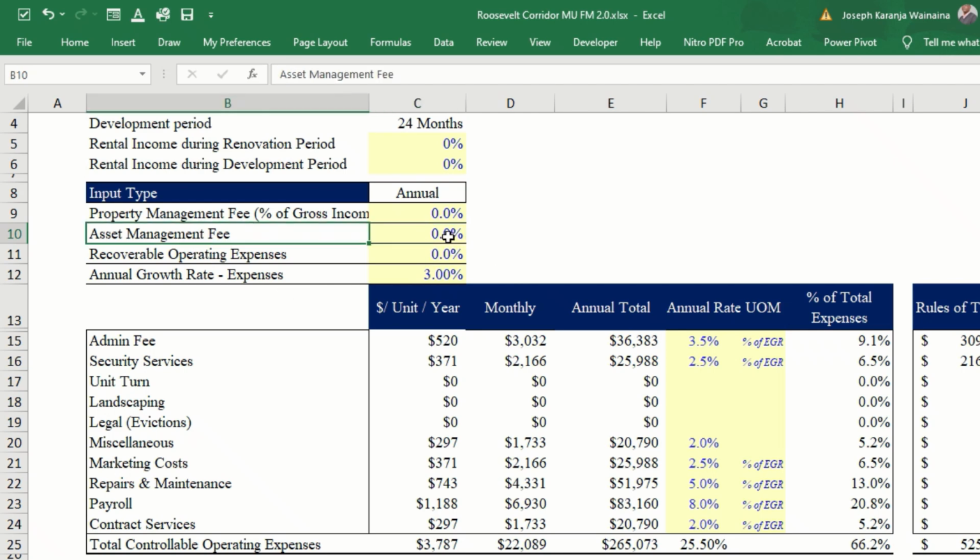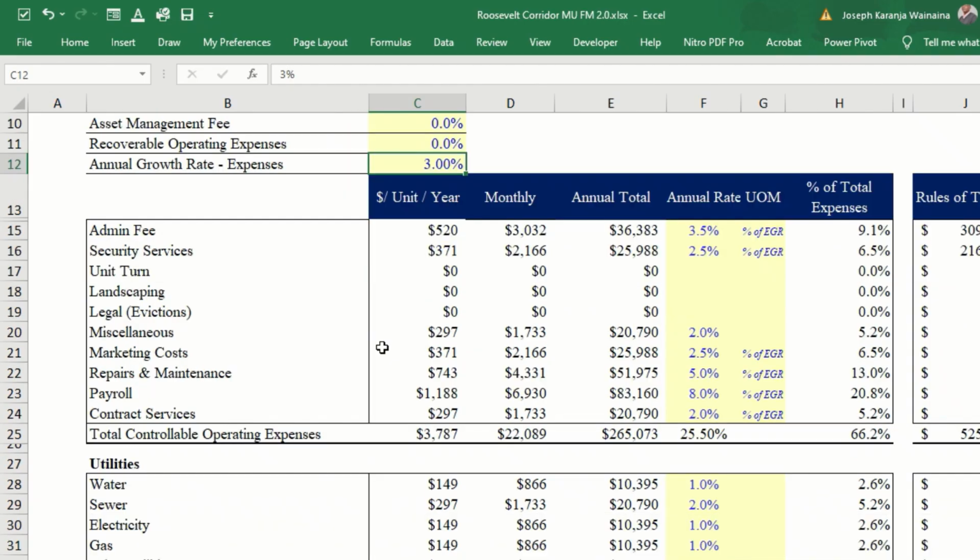The asset management fee is what will be paid to the sponsor during the investment management period. Recoverable operating expenses you need to indicate there. The annual growth rate for the expenses is usually 3%.